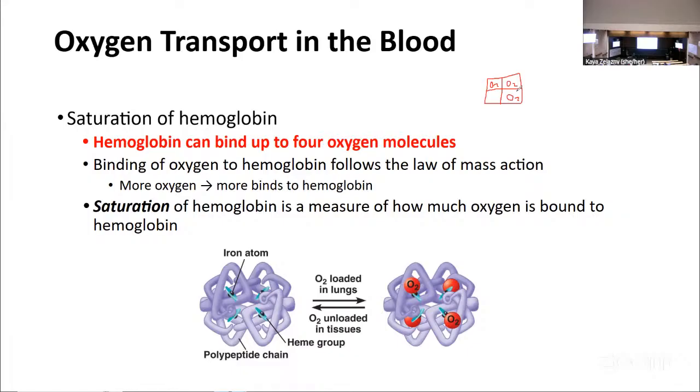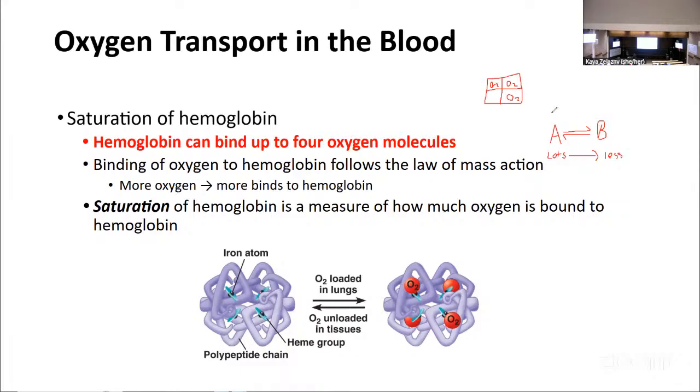Binding of oxygen to hemoglobin, like a lot of things, follows the law of mass action. If you don't remember the law of mass action, what we're talking about is reversible reactions. If we have reactants A turning into products B, and you've got lots of the reactants, the equation is generally going to run towards the lower side, lots to less, so high to low again.